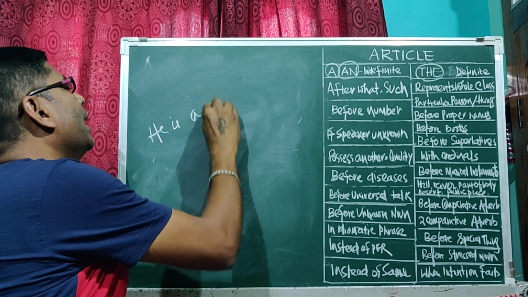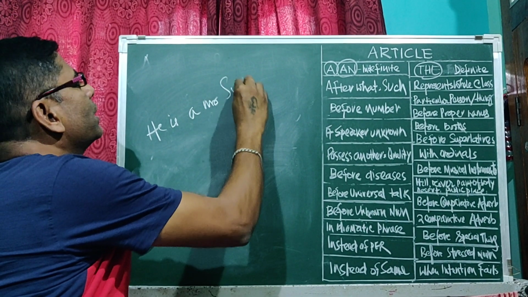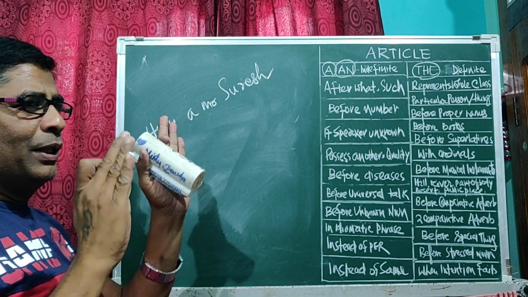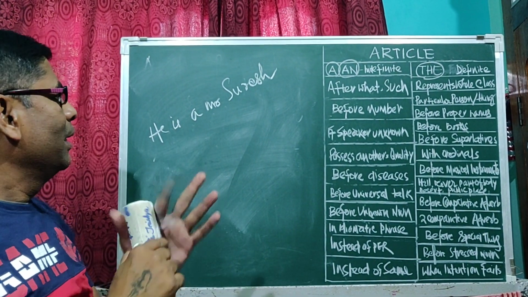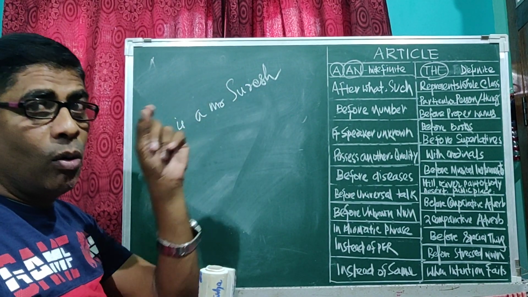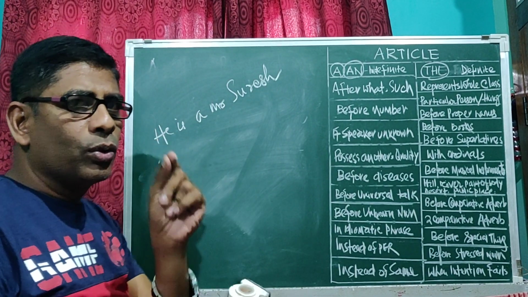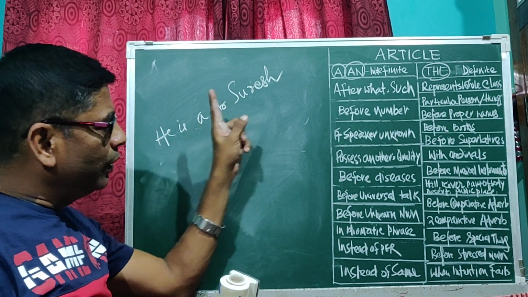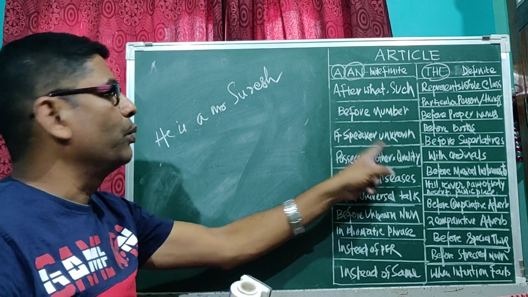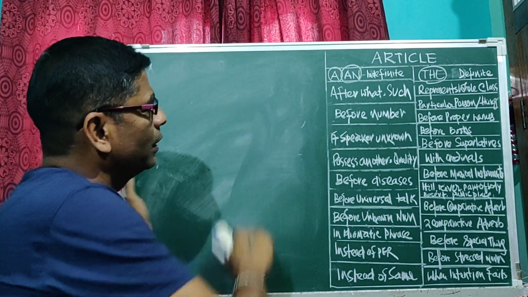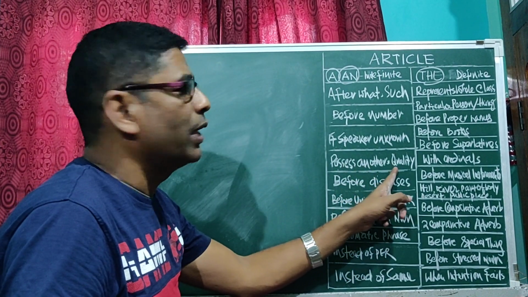He is a Mr. Suresh. Generally, it has a vowel sound, but we have to use A here if Mr. Suresh is unknown to you. At that time, you should use A before the noun. Next, possessing another's quality.